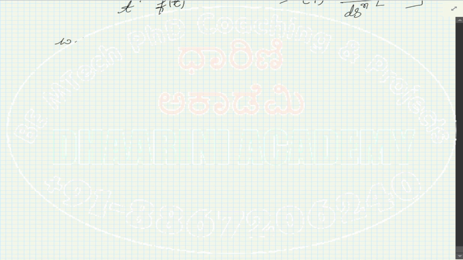So we start from what we know, that is if you know the f of t, we can find the F of s like this. So F of s is equal to integral 0 to infinity f of t into e to the minus st dt.